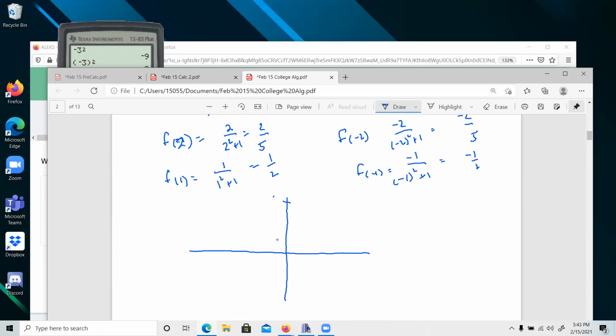All right, we're going to call that 1, 1, 2, 3. Okay. So when x is 0, y was 0. When x was 1, we got a half. X was 2, we got 2/5. X was 3, we got 3/10. So this graph looks something like this.